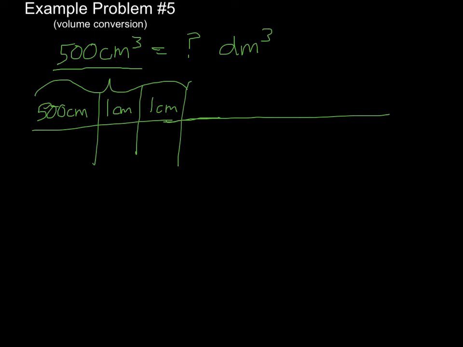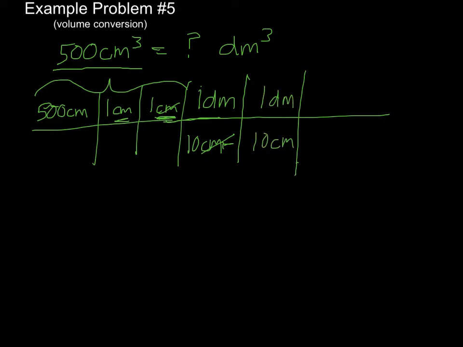If centimeters is in the numerator, we've got to put centimeters down here in the denominator. So we do know that 10 centimeters is equivalent to 1 decimeter. This centimeter cancels this one, but I have another centimeter to go, so I've got to do it again. 10 centimeters is 1 decimeter.